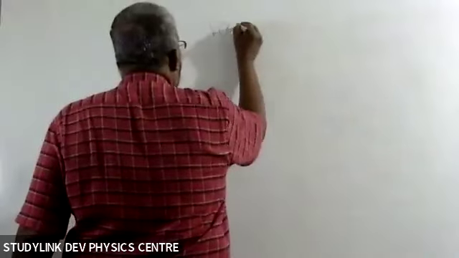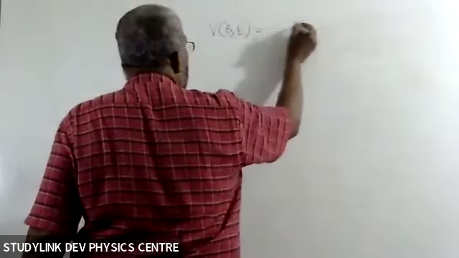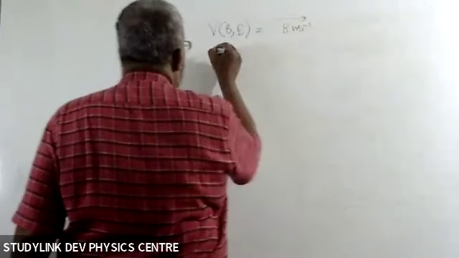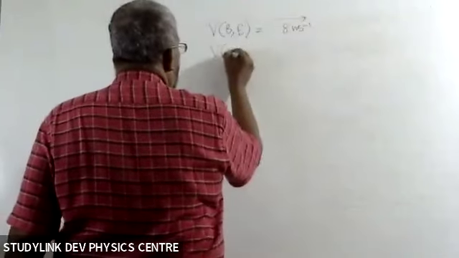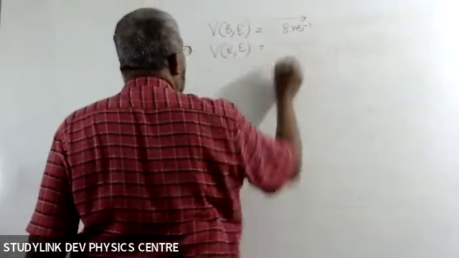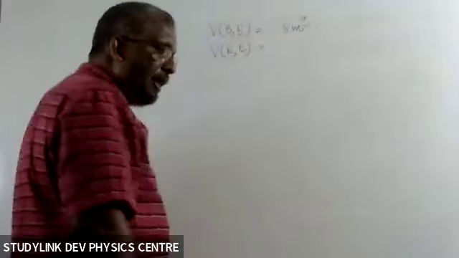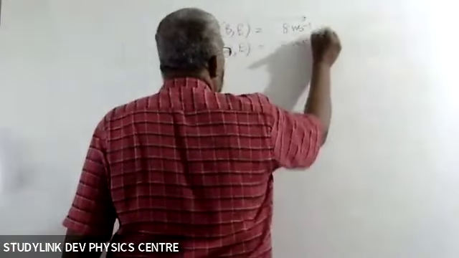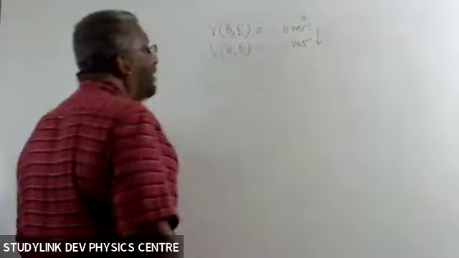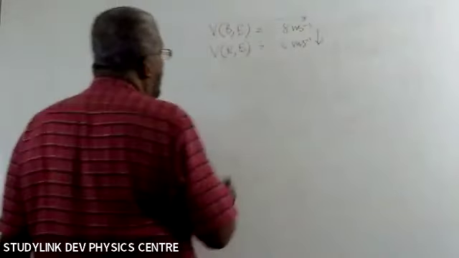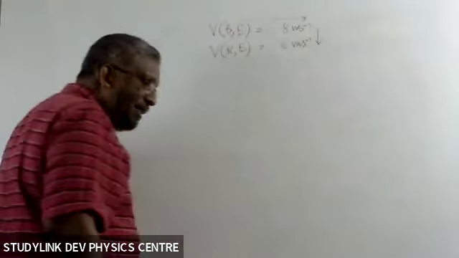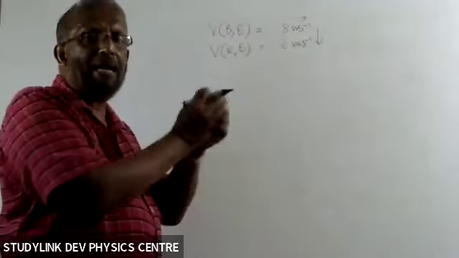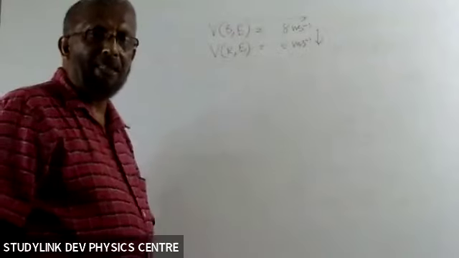A boy is moving towards east with 8 ms minus 1. The rain is R. It rains normally vertically down. Therefore, I said speed. So speed is 6 ms minus 1. We know it rains downwards. Now we want to find the direction the umbrella should be held by the boy, the best direction.